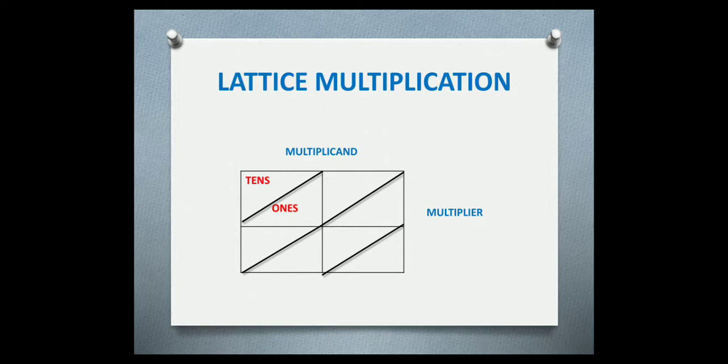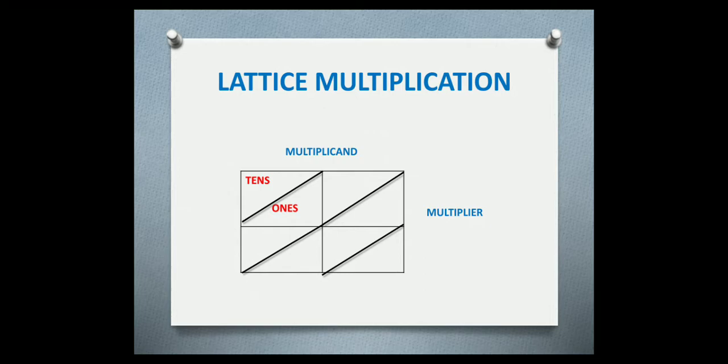We start at the bottom half of the lower right corner, then we continue summing the group of numbers. Once the summing is over, we read the answer from left to right. So this is how we'll be using lattice multiplication.